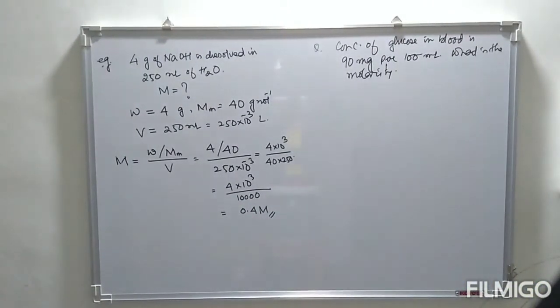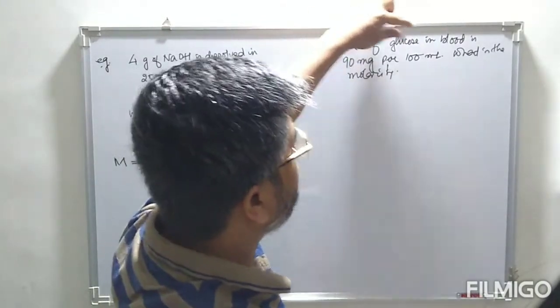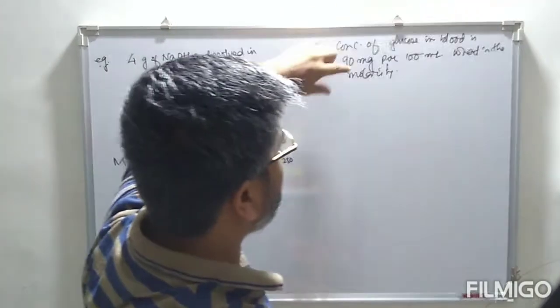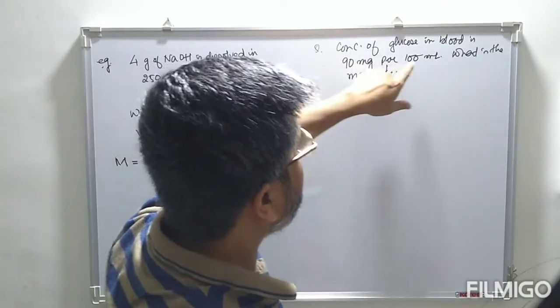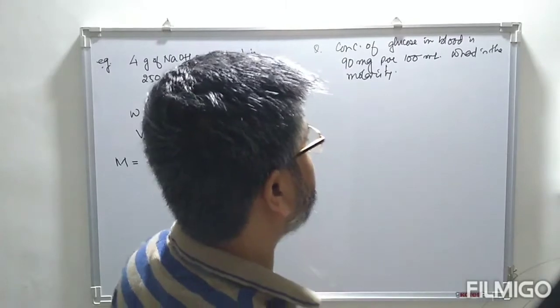So we have a concentration of glucose present in blood that is approximately 90 milligram per 100 ml. What is the molarity of the solution?